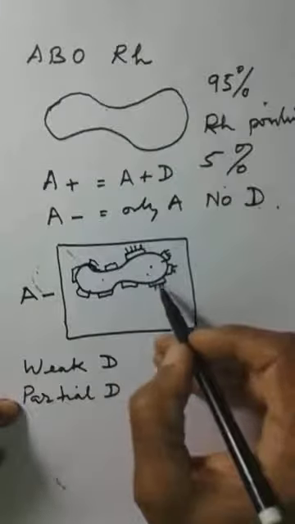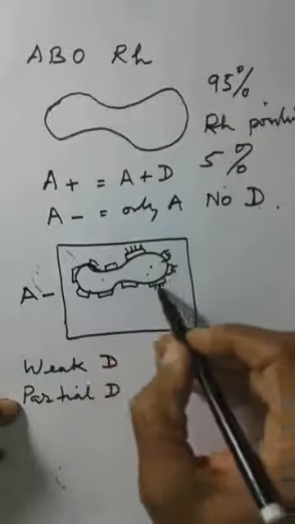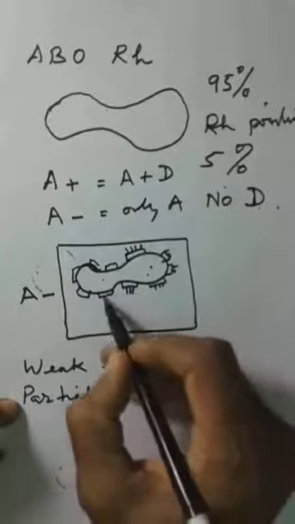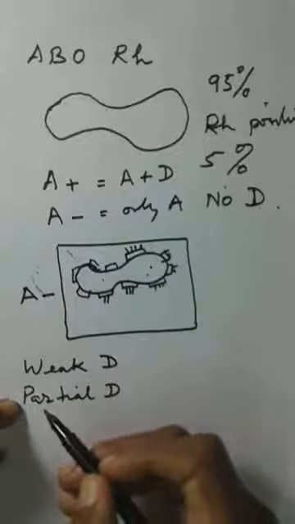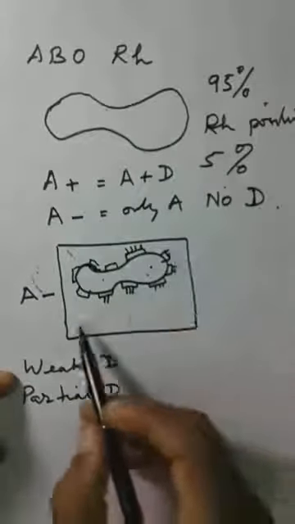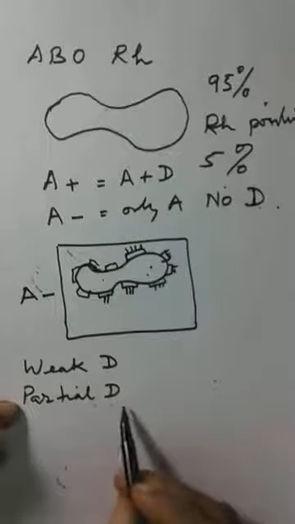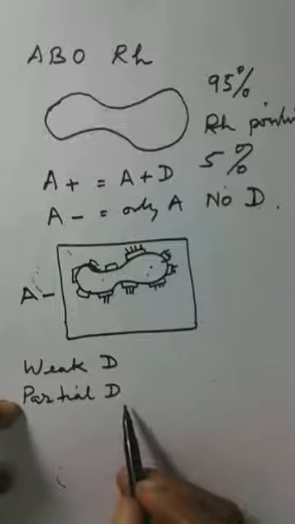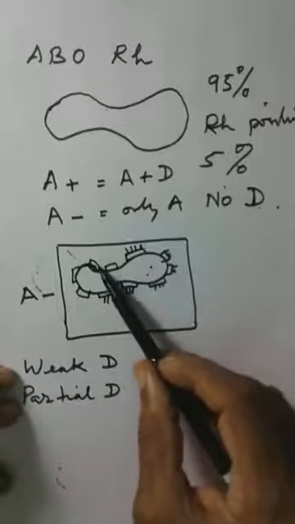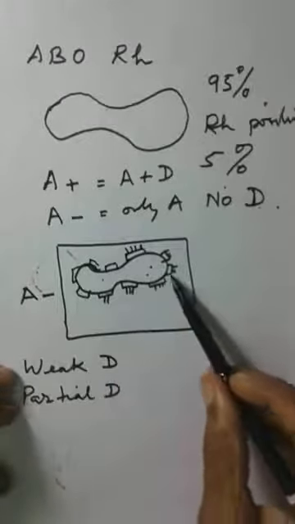If in some of the D antigens it's only maybe 3 or maybe 2, then that D is called partial D. That means the quality of the D antigen is not 100% okay.